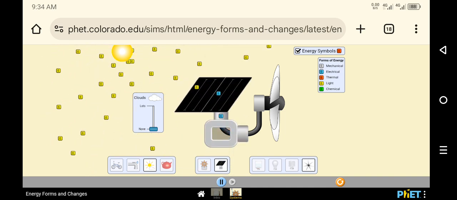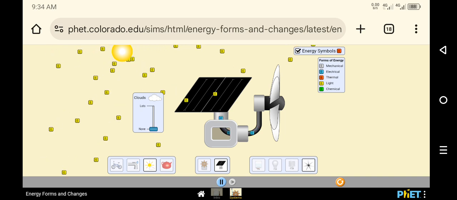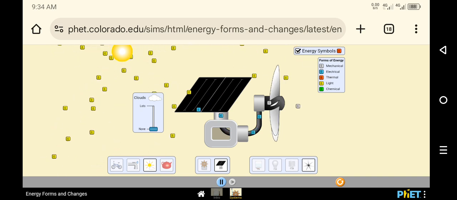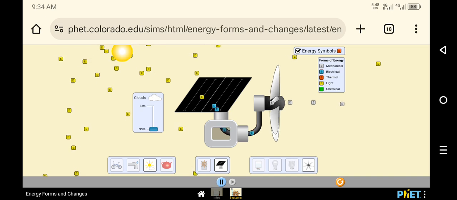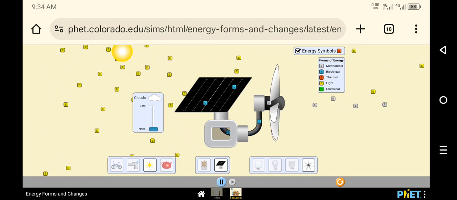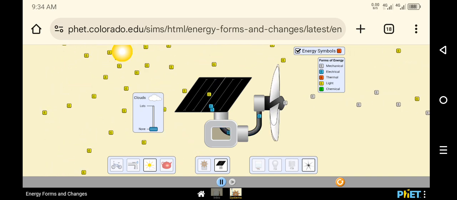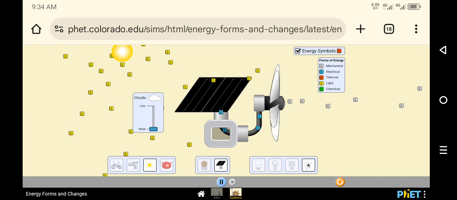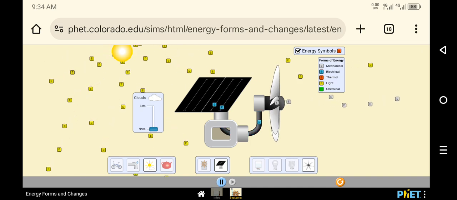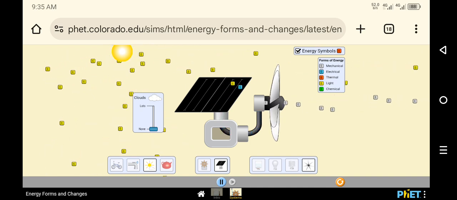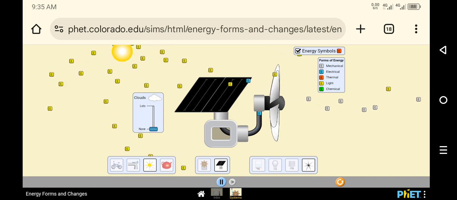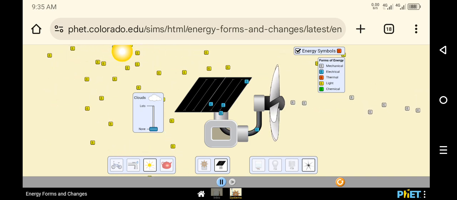When the sun is shining, we have some light energy from the sun. The sun gives us solar energy. When it lights on the solar panel, that light energy or solar energy will be converted into electrical energy. So electrical energy will be transferred, and when it reaches this ventilator, it will be transformed to mechanical energy.